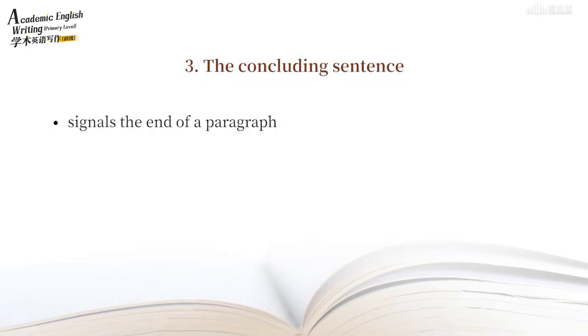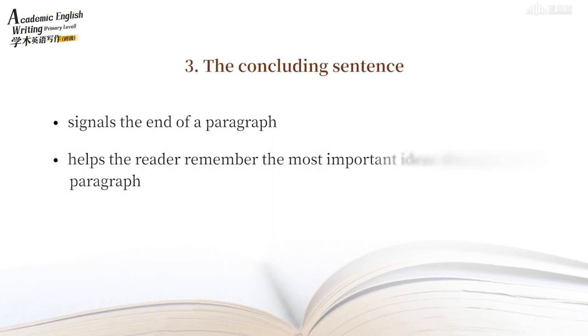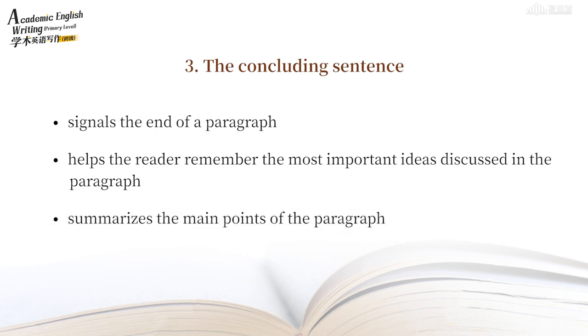Finally, let's have a look at how to write the concluding sentence. The concluding sentence signals the end of the paragraph and helps the reader remember the most important ideas discussed in the paragraph. Therefore, it often summarizes the main points of the paragraph, or it may repeat the topic sentence in different words.